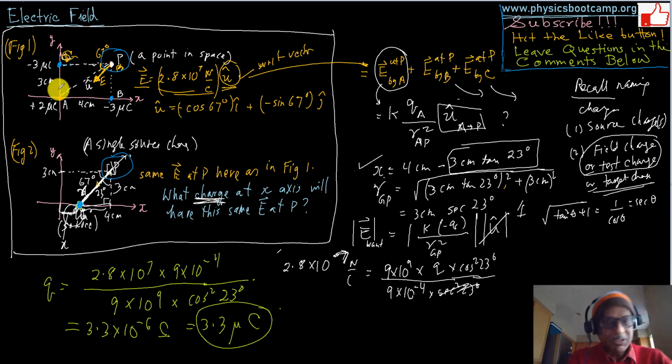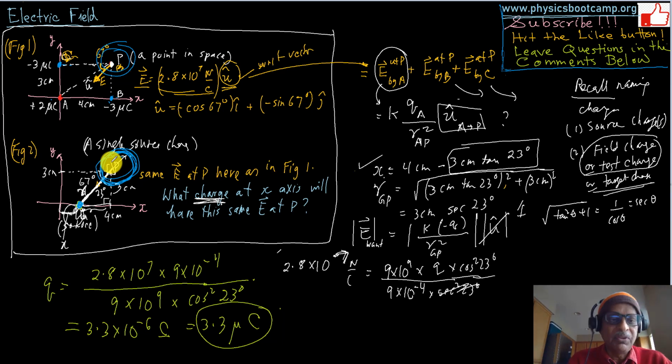So upshot of this problem is, if I just have information about this point in space by placing a charge there and experience the force on the charge, I can't tell the difference if the electric field was produced by these three charges or just produced by one single charge. So electric field at a point, as experienced by a charge placed at that point, doesn't care how the electric field was produced.